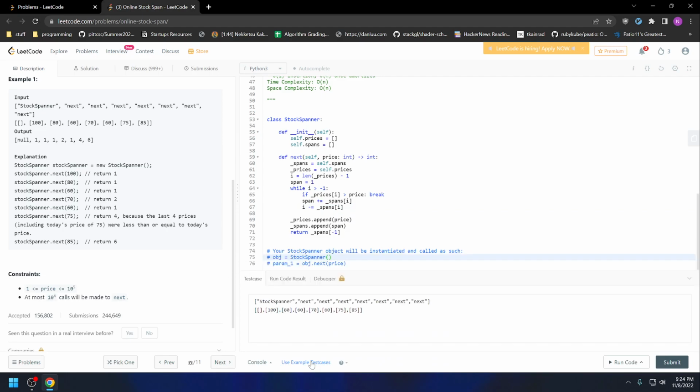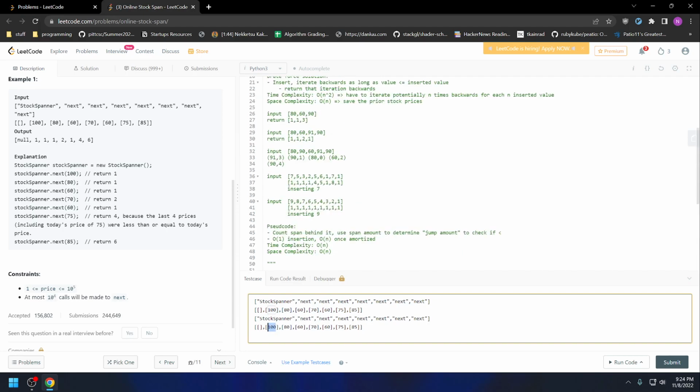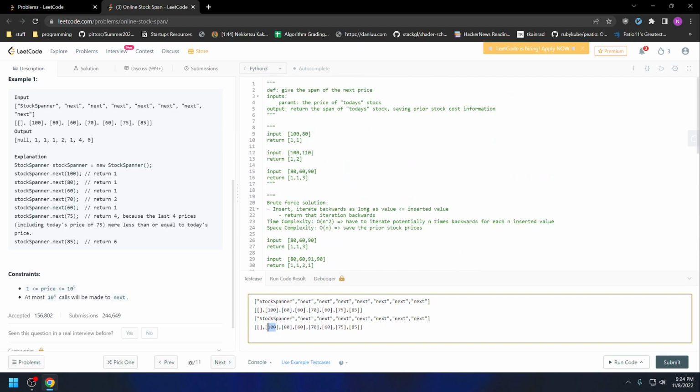All right, let's take a look at some more examples. Let's take a look at some of the examples we created. 2, 3, 2, 3, 80, 60, 90.